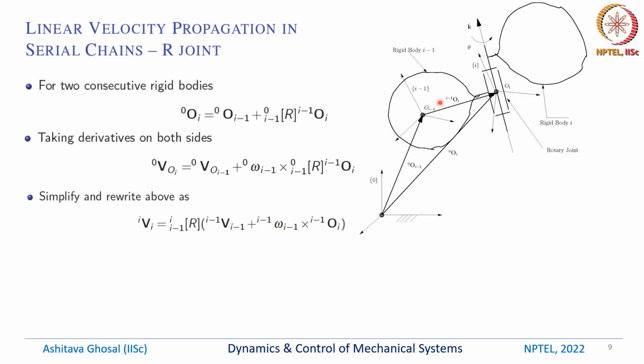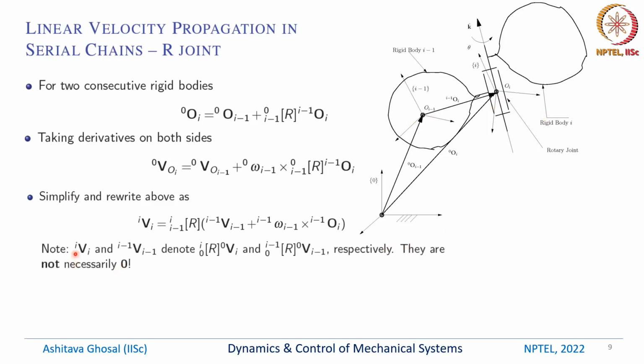If I know the linear velocity of the origin of the (i-1) rigid body, or the origin of the (i-1) coordinate system, and I know that the second rigid body is connected to the first rigid body by means of a rotary joint, then we can do this. Just add this velocity with omega cross r.